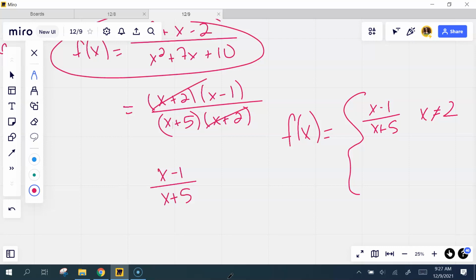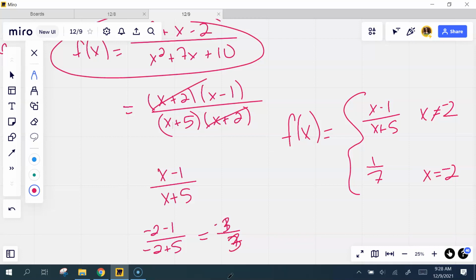But when x is 2, we just put it back into the thing.